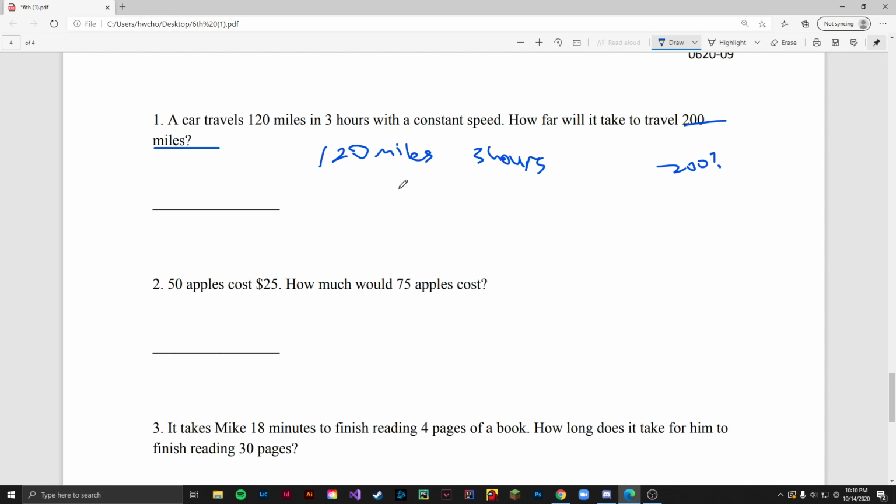So miles per hour. 120 miles in 3 hours. That's just dividing, right? It comes to 40 miles per hour. How long does it take to go 200? So that's just 200 divided by 40 to get the amount of hours. And that'll be 5 hours. Because the speed is 40 miles per hour, and to go 200 miles, you need 5 hours.